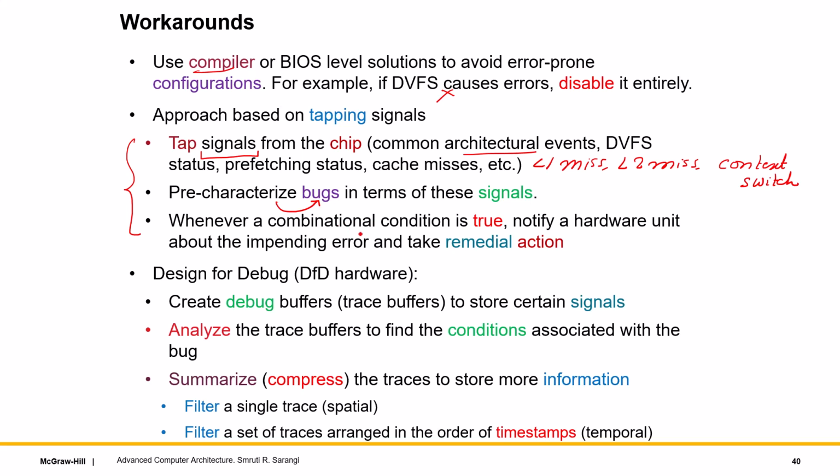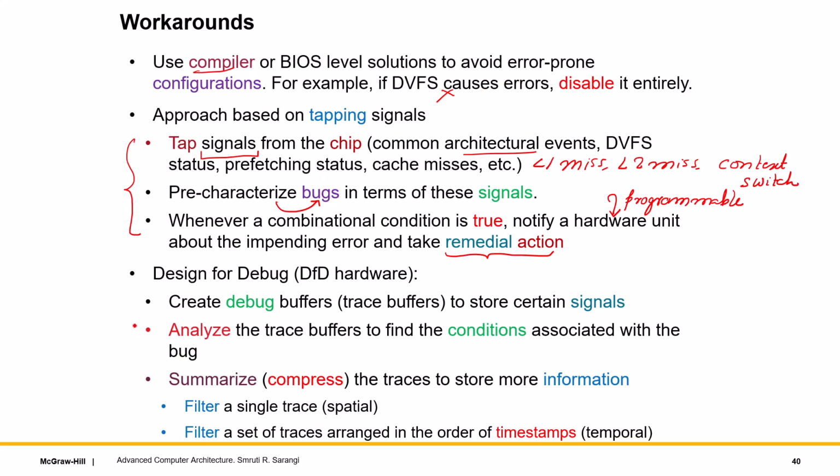So whenever a certain combinational condition is true, we can have some sort of programmable hardware, and look at the impending error and take some remedial action. If we see that something wrong is going to happen, maybe we can trigger a pipeline flush, or basically roll back to a checkpoint if a checkpoint exists, or turn off one of these things like DVFS or prefetching.